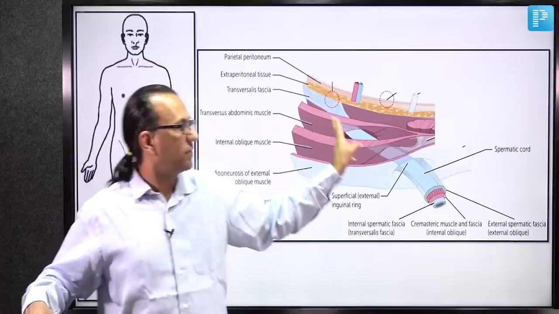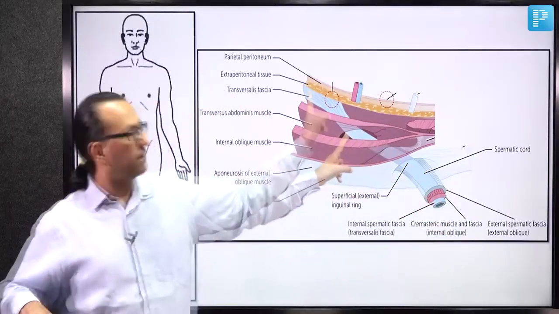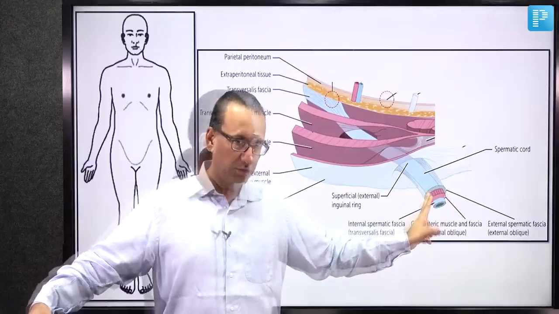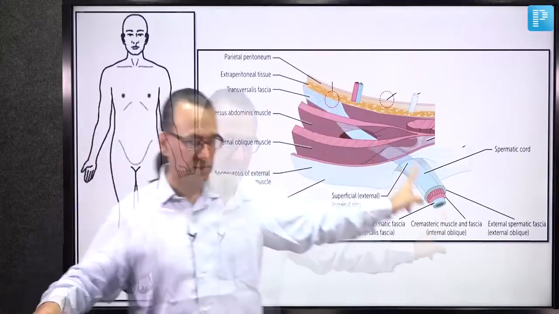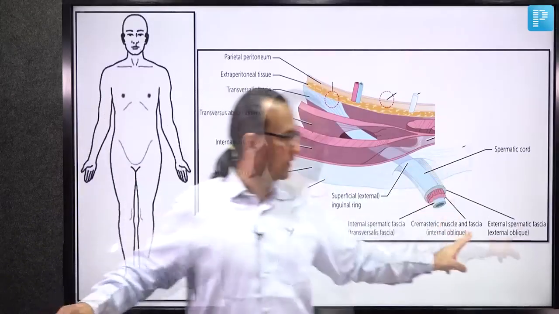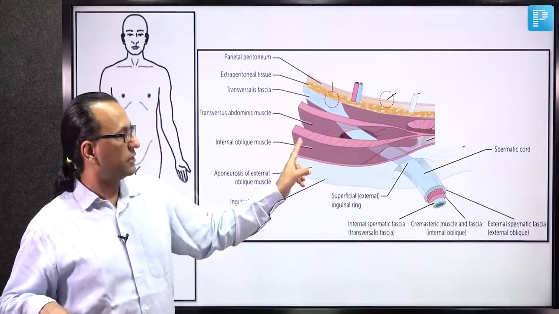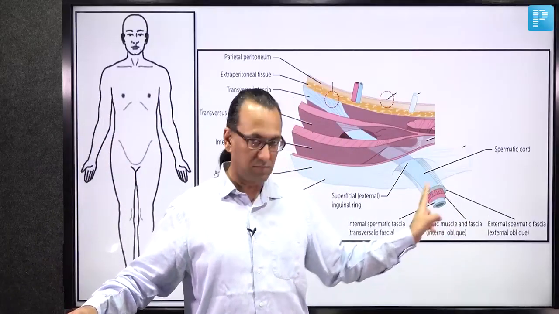It carries the testicular vessels towards the testis and the ductus deferens from the testis towards the pelvis. In passing through the inguinal canal, it receives contributions from various muscles: the external oblique muscle gives the external spermatic fascia, and the deeper internal oblique muscle gives the cremasteric fascia and cremaster muscle as well.